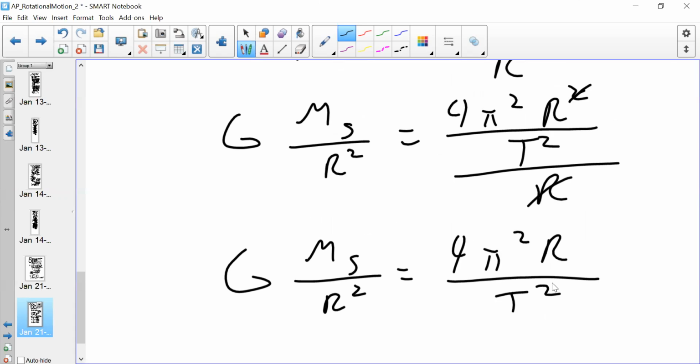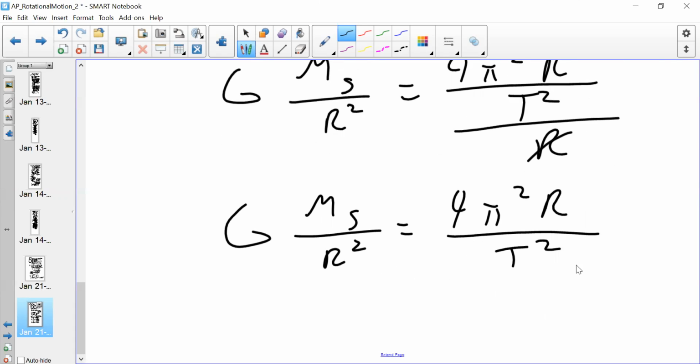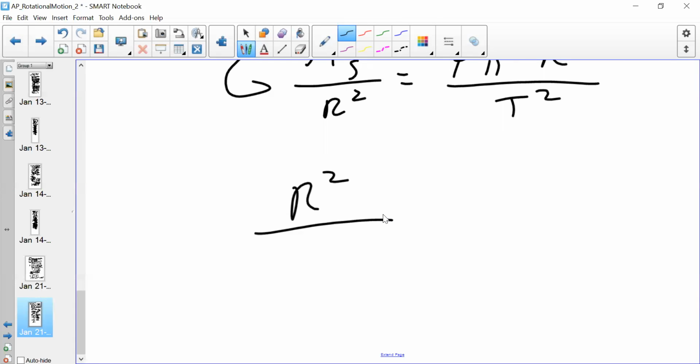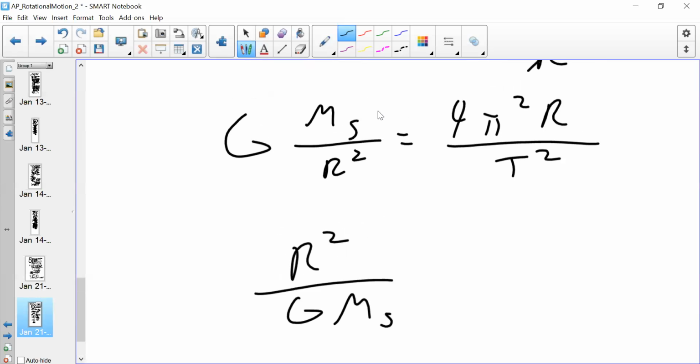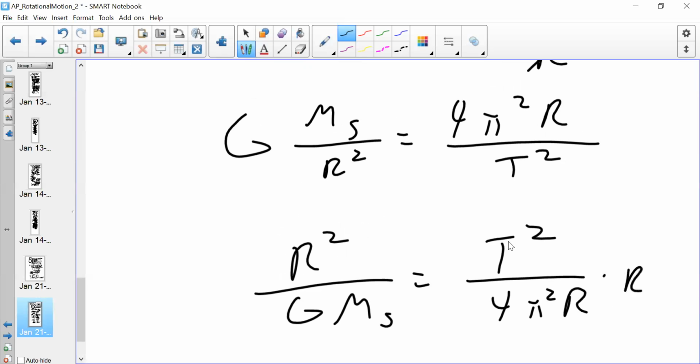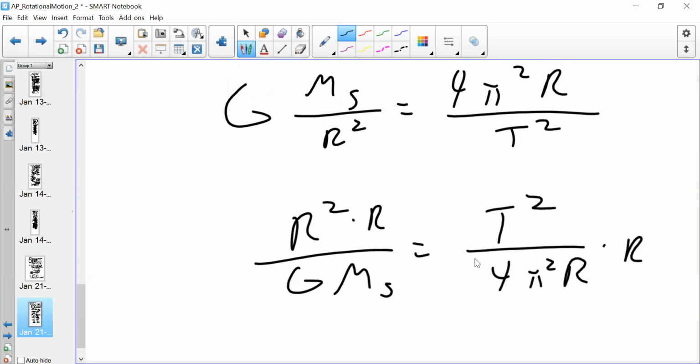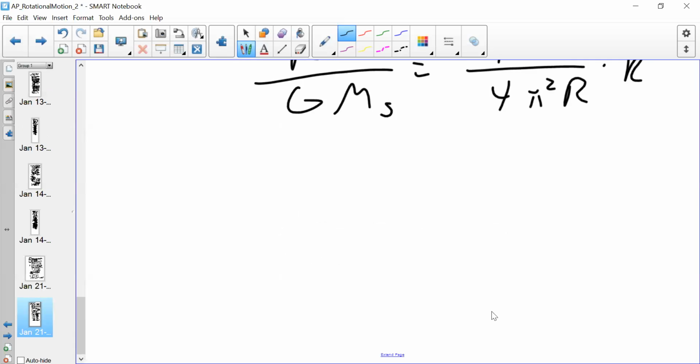I don't want 1 over T, I want just T. So I'm going to flip everything, and I have r squared over G mass of sun, because remember the numerator becomes a denominator, equals T squared over 4 pi squared r. And so now when I multiply both sides by r, I'm going to get r cubed, T squared. We got that relationship. Not that it equals, it's proportional to. So that's Kepler's third law.